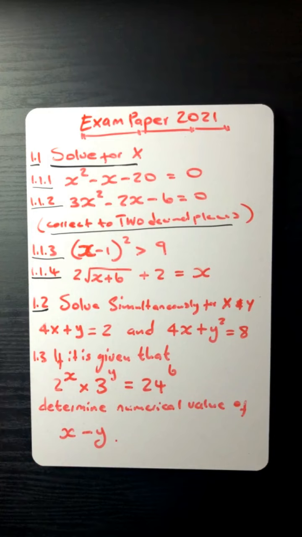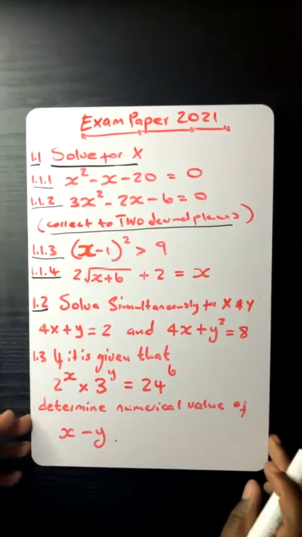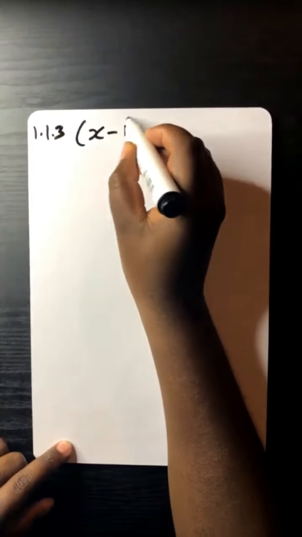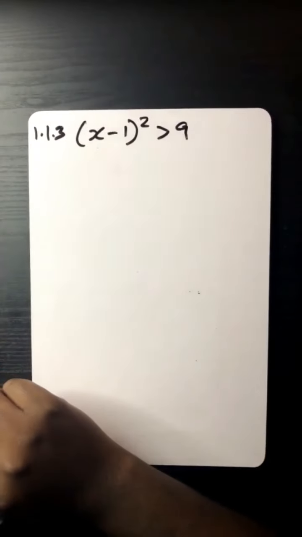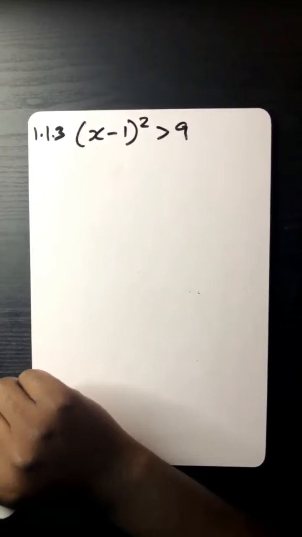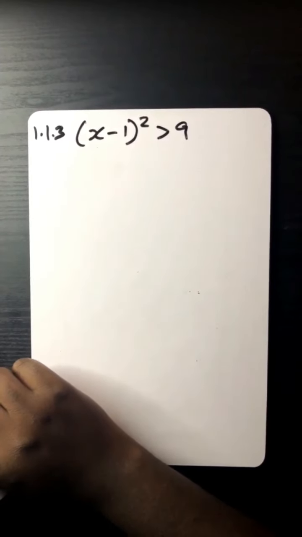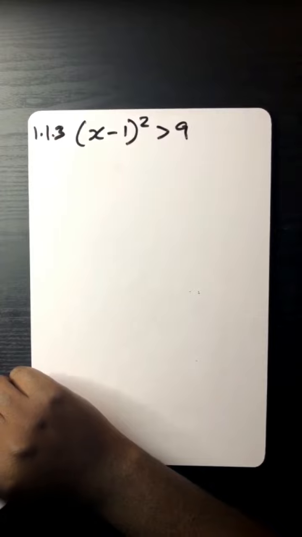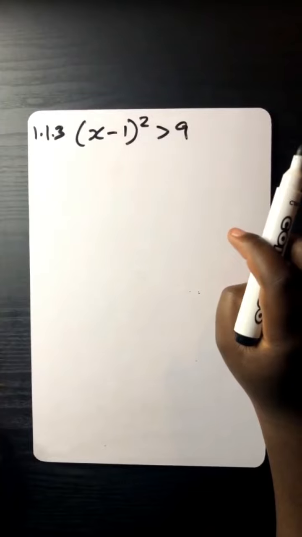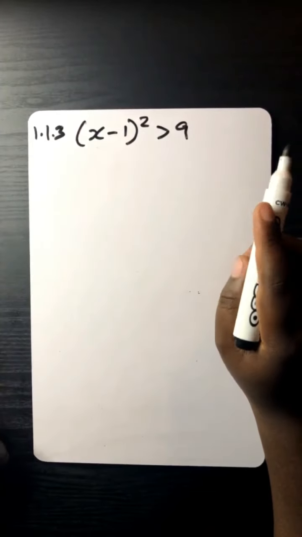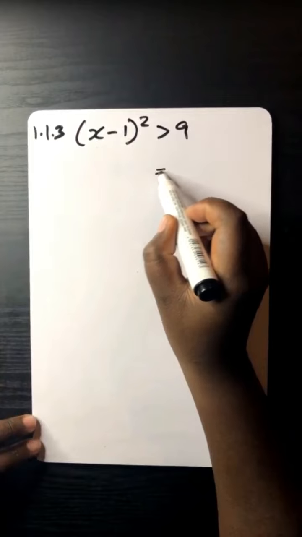Okay, thanks very much. So now let's continue with this question. I'm just going to rewrite it over there. This is question 1.1.3, which is x minus 1 close squared, the whole of that is greater than 9. So guys, this is what we call a quadratic inequality. Why? Because of that power, it makes it quadratic, but not a quadratic equation, because it doesn't have an equal sign.